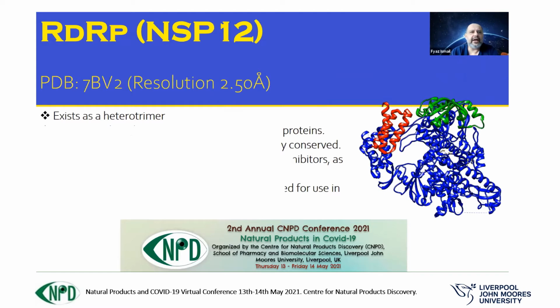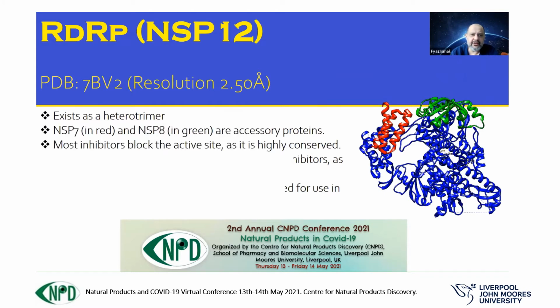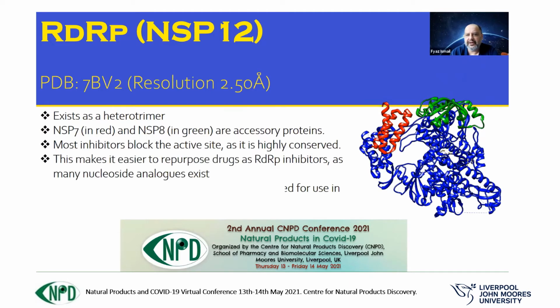Looking at the next protein, we were interested in particular areas of this target, and those of you interested can actually download some of these structures. Inhibitors have been made which block this particular active site, and we could target RdRp inhibitors, as many nucleoside analogs exist, and of course some of these have been repurposed.